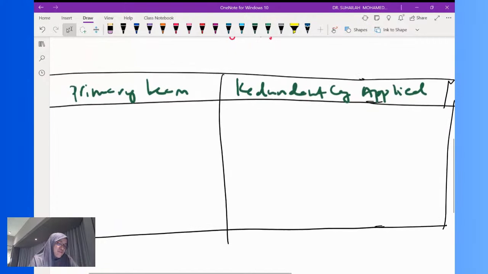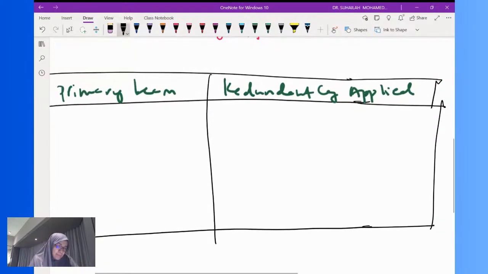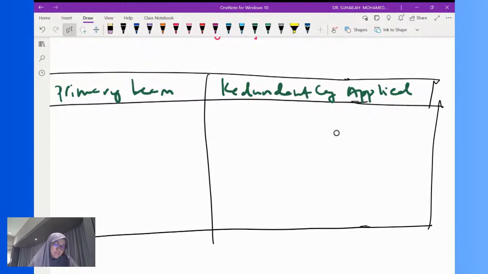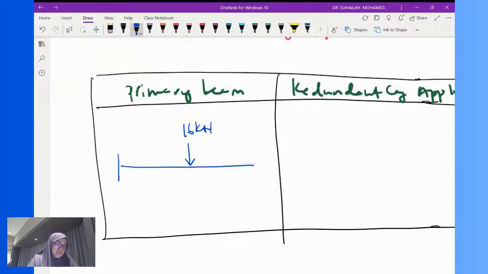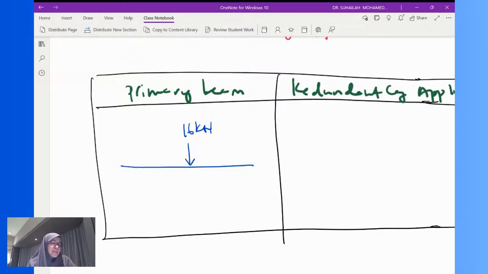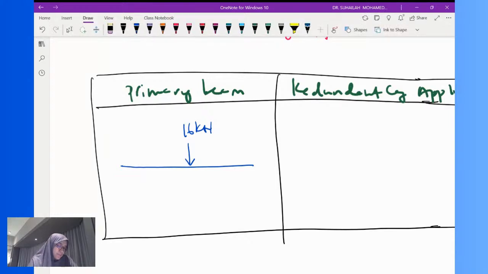We have a cantilever beam here subjected to 16 kilonewton, and remember this is a cantilever beam and the system must be in equilibrium. So for total Fy, the 16 has to be balanced.